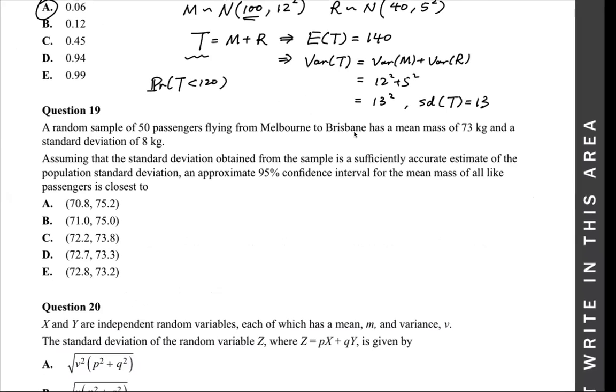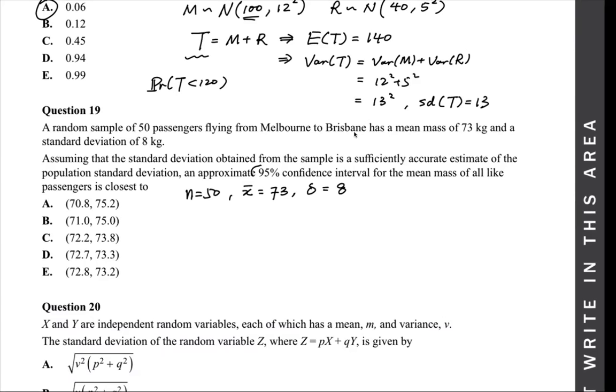All right. A random sample of 50 passengers. Okay, this is my n value, 50. Flying from Melbourne to Brisbane has a mean mass of 73 kilograms. Is that x bar or mu? I'm not entirely sure, so let's just write x bar equals 73, and the standard deviation sigma equals 8.